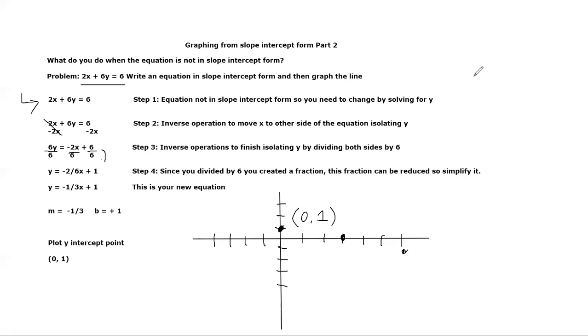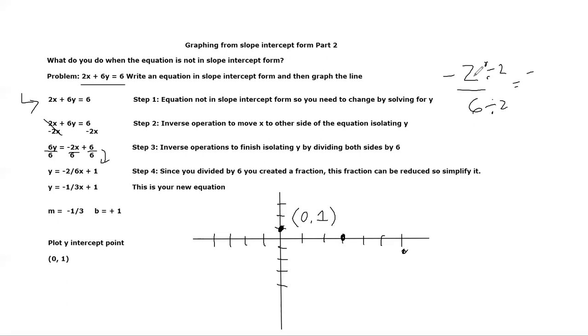Step 4: since you divided by 6, you created a fraction. This fraction can be reduced, or simplified. We have negative 2 over 6. Because I can divide the top and the bottom by 2, I should. It makes the equation a little more simple.